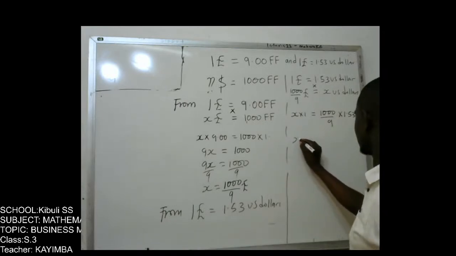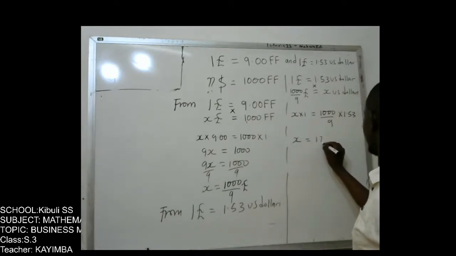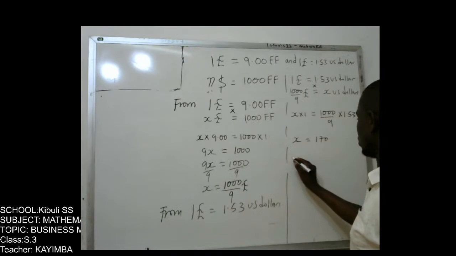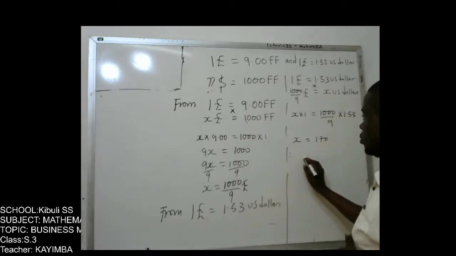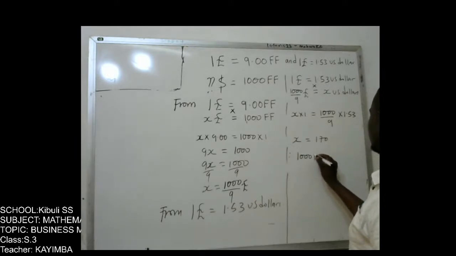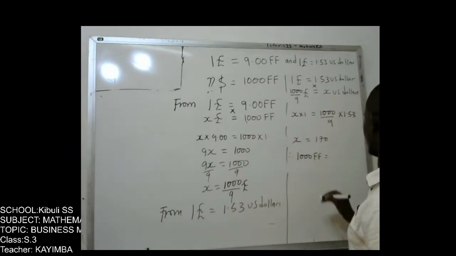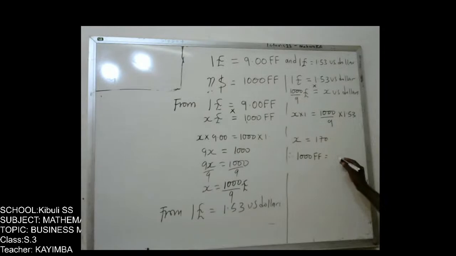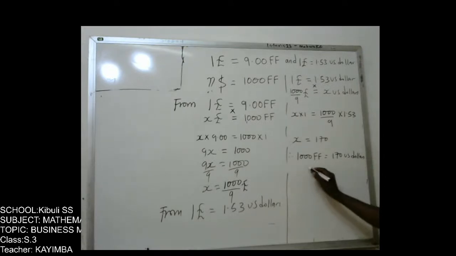You tell me the answer that you have. 170. So therefore you can ably say that 1000 French francs are equivalent to 170 US dollars, according to that.